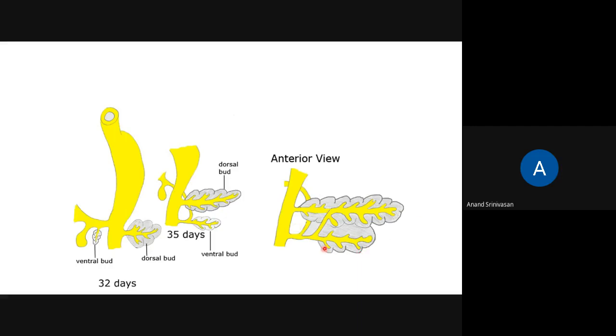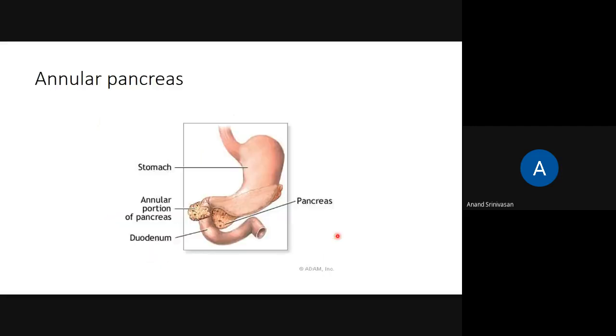Among the clinical abnormalities is the annular pancreas, which resembles pyloric stenosis, but the only difference is that the patient is able to cope a little bit.